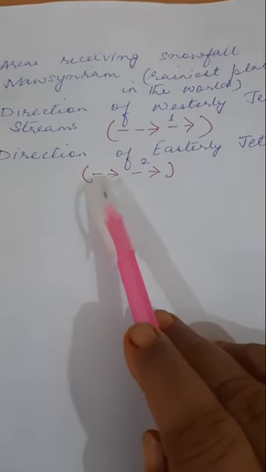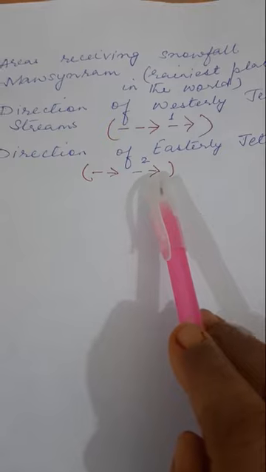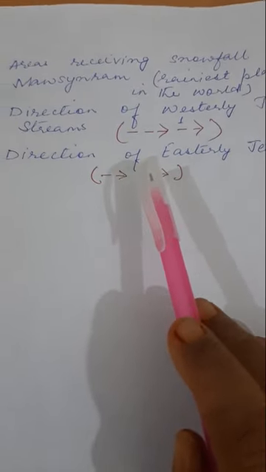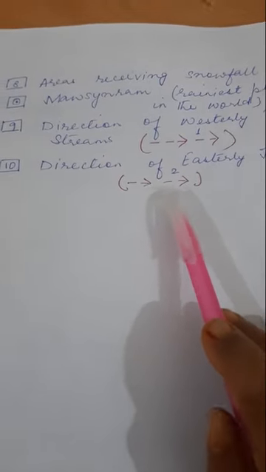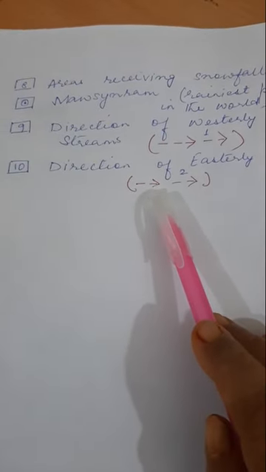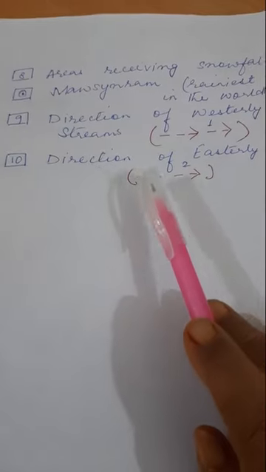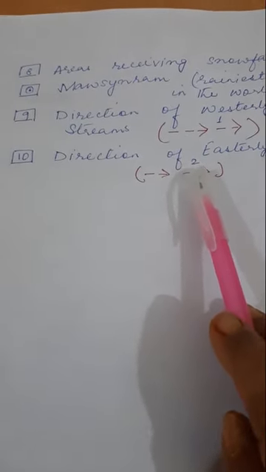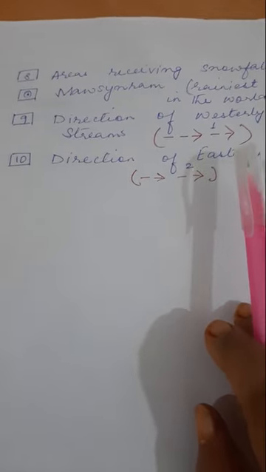For this also I have used this red dashed arrow, but I have written number 2 on it. So these are the important locations that we will be doing in the map work of climate chapter, and this much map work is sufficient for the climate chapter.